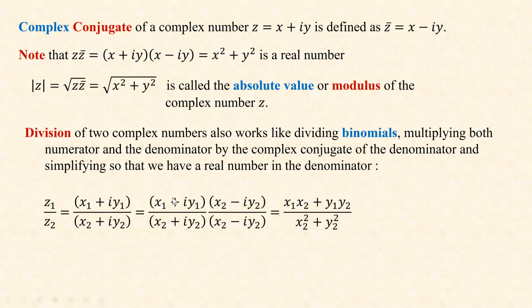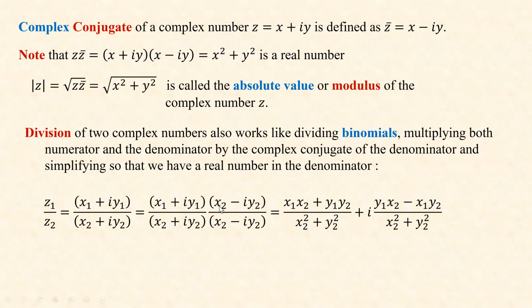So you get this. In the numerator, you get x1x2 plus y1y2 as the real part, divided by the denominator, which is the real number. The imaginary part will be x1y2 with negative i, and y1x2 with positive i.